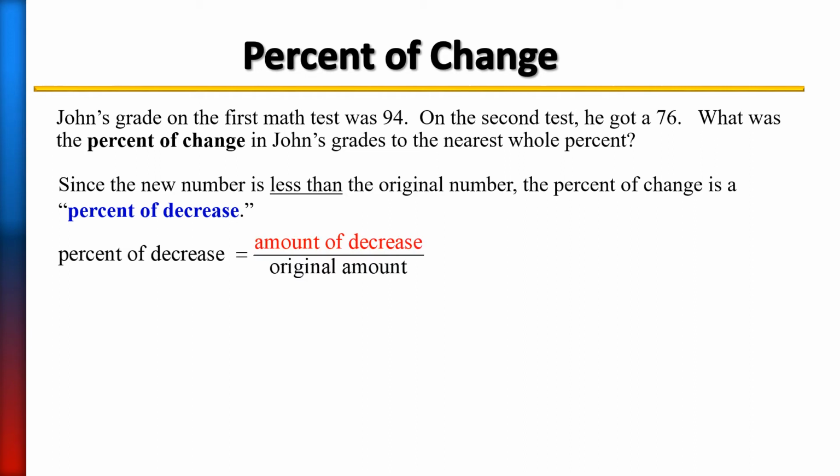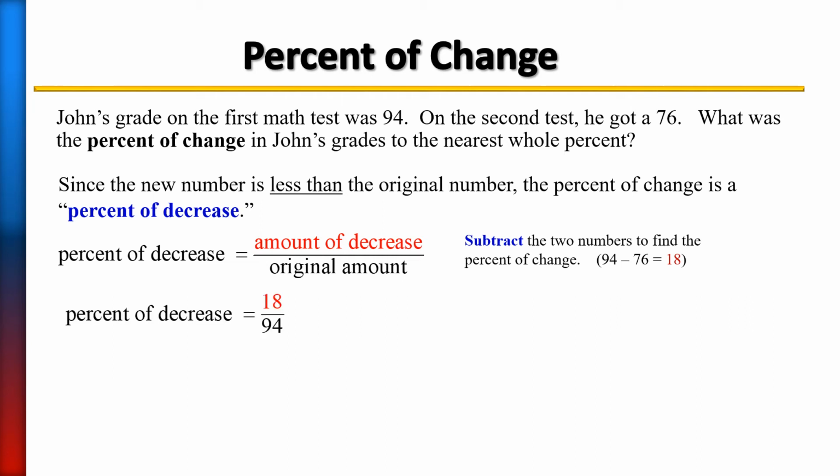So let's go ahead and subtract the two numbers. 94 take away 76 gives me 18. So the grade decreased by 18 points. So that 18 would be on top, and on the bottom is the original test score, which was 94.